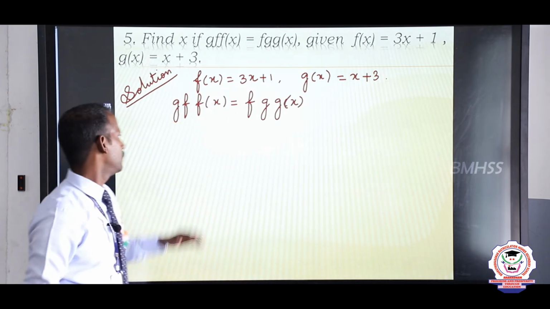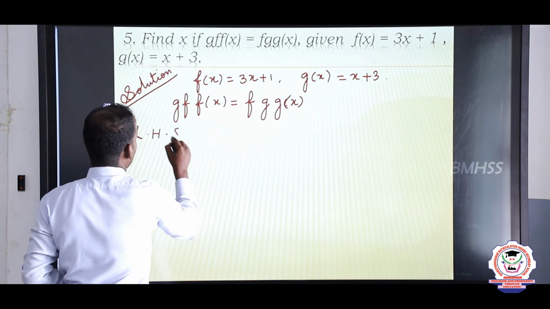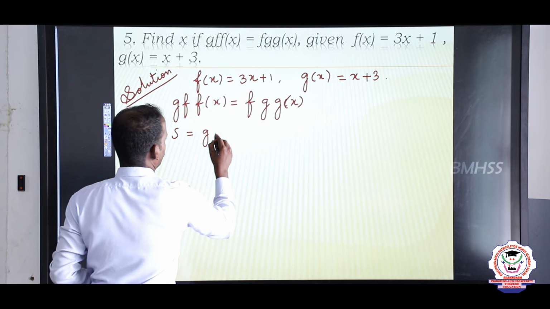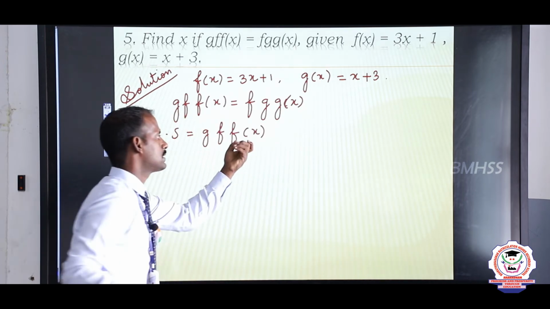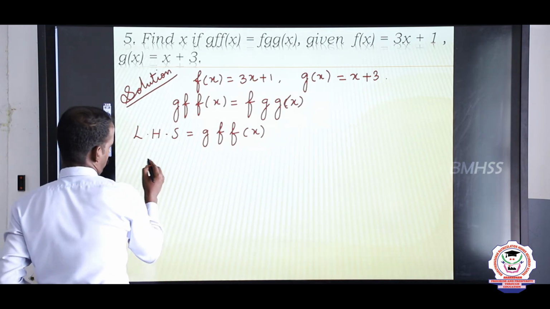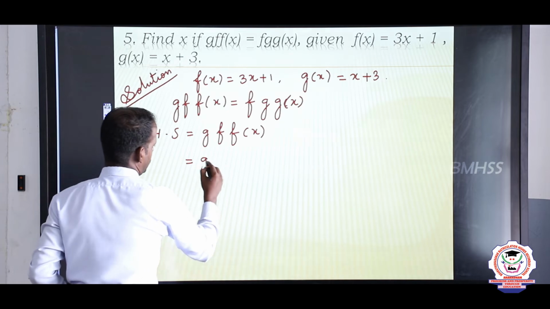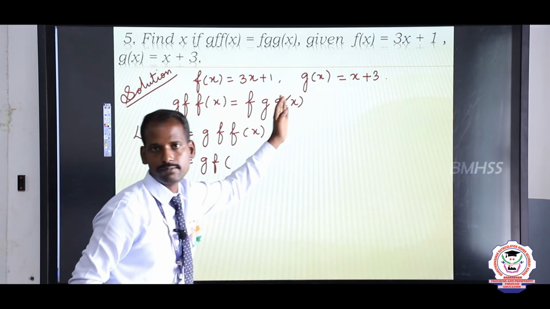Now I will take the LHS side. So what is LHS? So g of f of x. Here this f of x you substitute in the g. So here g of f of x, what is f of x? 3x plus 1.